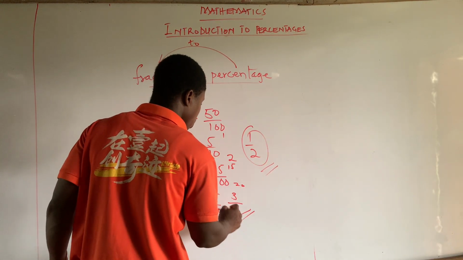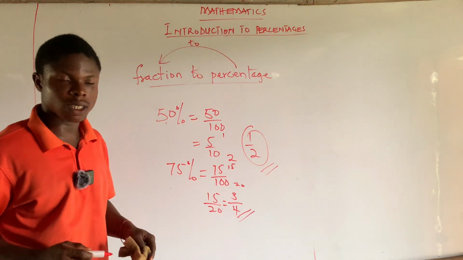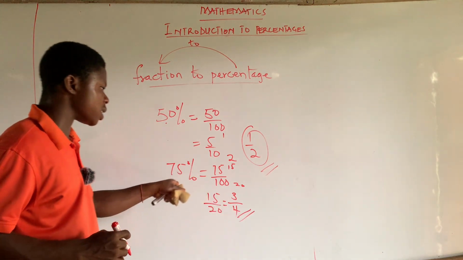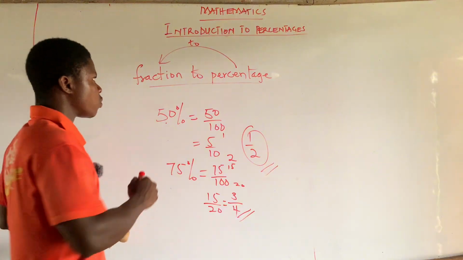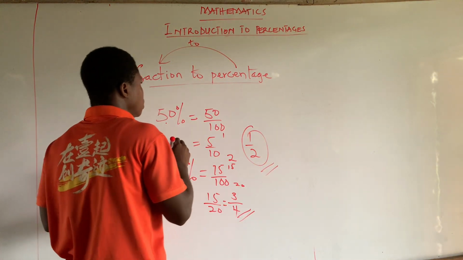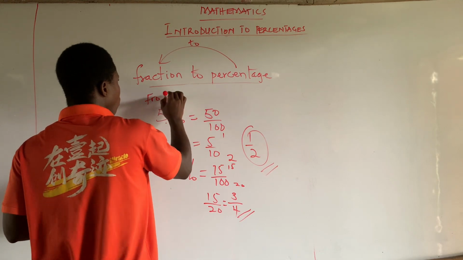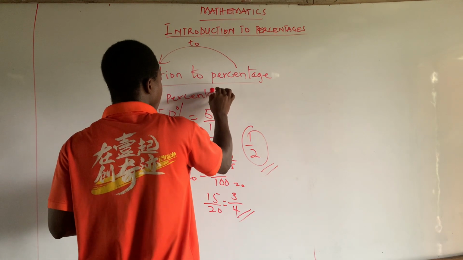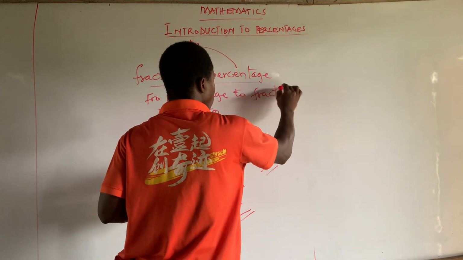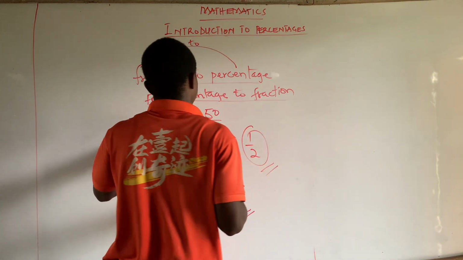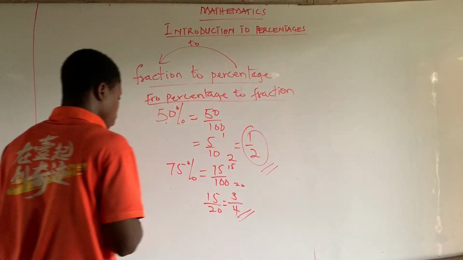So 3 out of 4. That's 75% converted to a fraction. We've learned from fraction to percentage, and then from percentage to fraction.